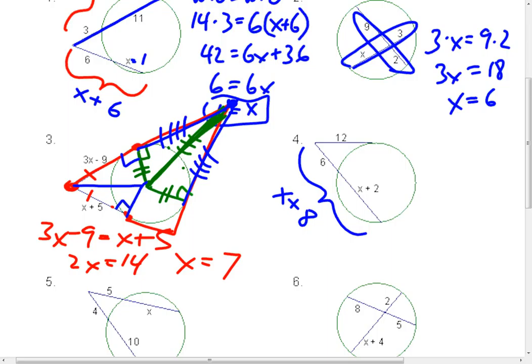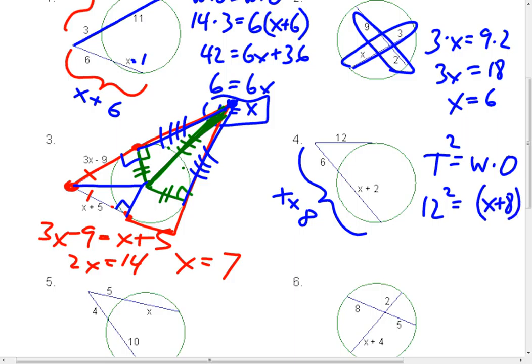What is the rule for a tangent, secant, segment situation? T squared. What gets squared? 12. 12 is the tangent portion. The whole we said was x plus 8.